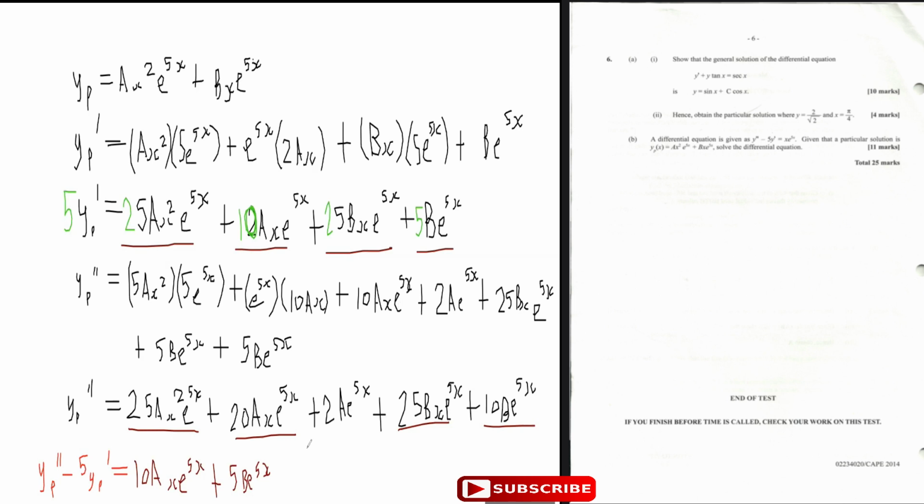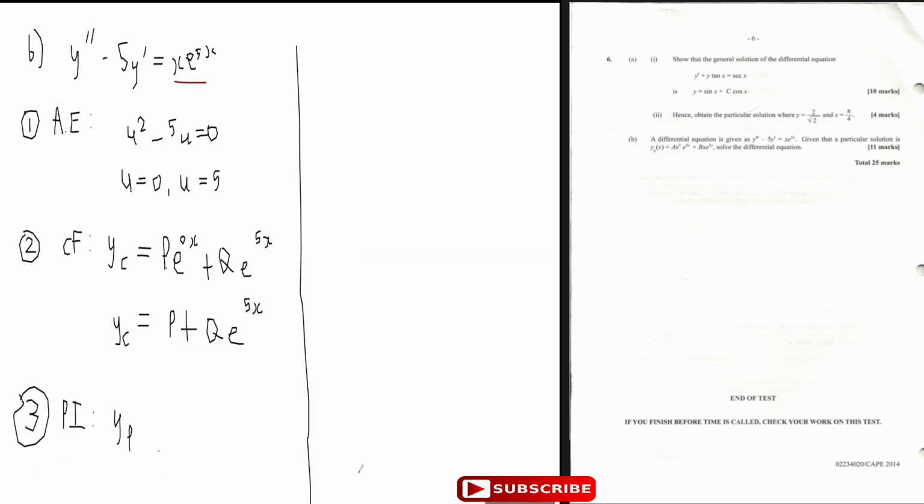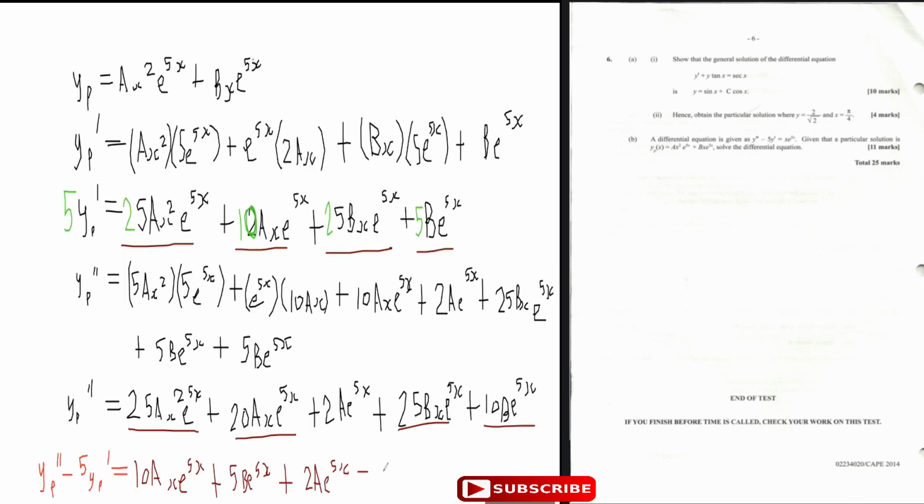I have plus 2a e to the 5x. And of course, the question had said that all of this is equal to x e to the 5x. So we can write that around here, that this is equal to x e to the 5x.